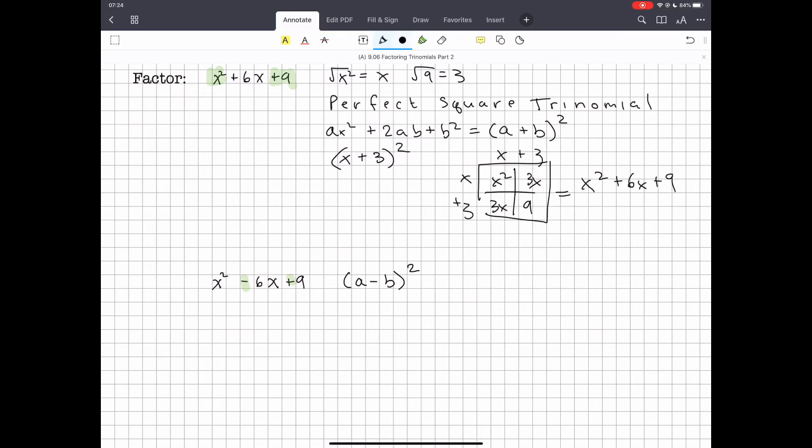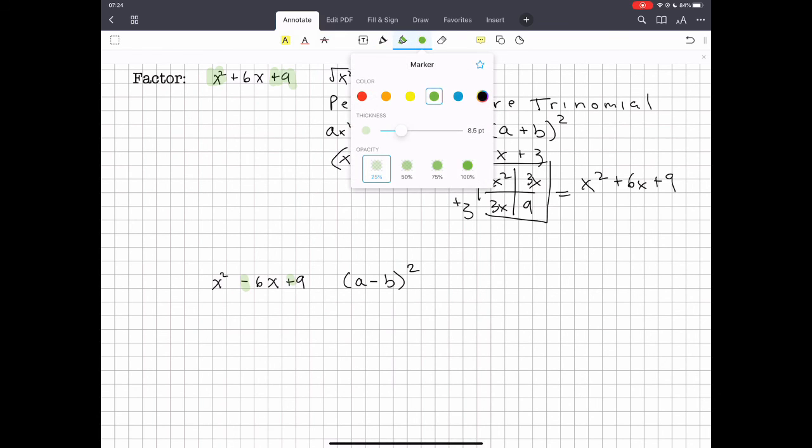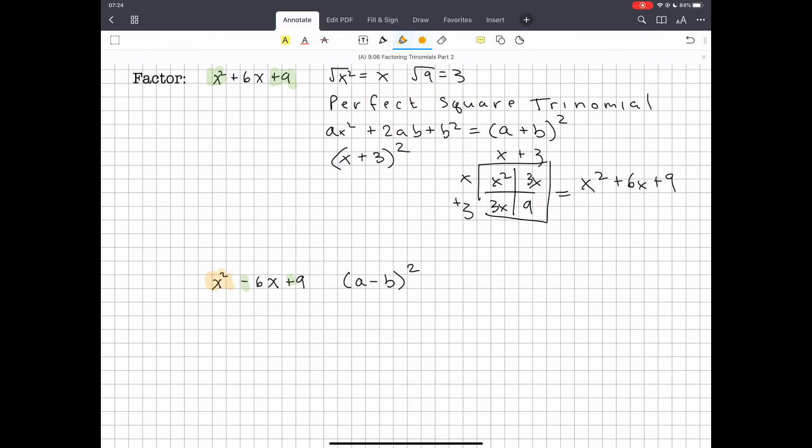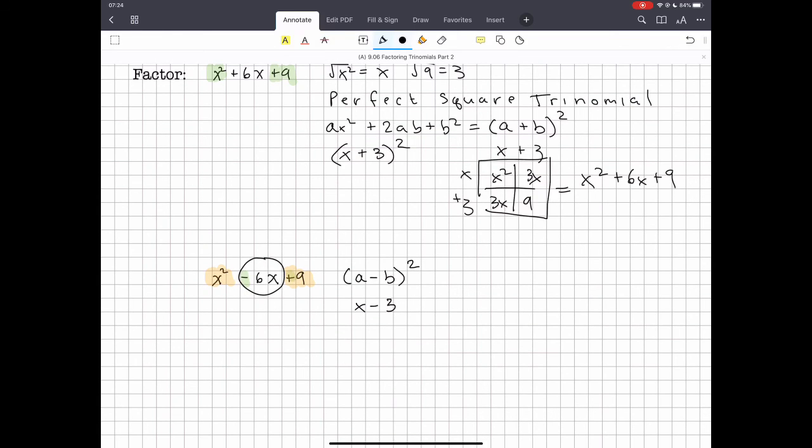So as we learned up above in the previous problem, the square root of a is x, the square root of b is 3, and because we're subtracting in the middle, we would have to subtract here. So this would be the quantity of x minus 3 squared, and that is the answer.